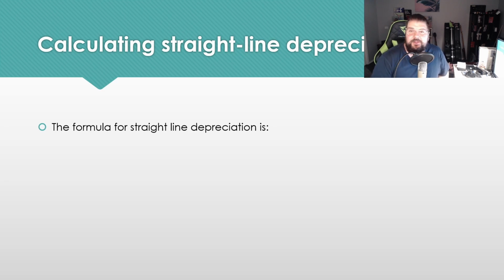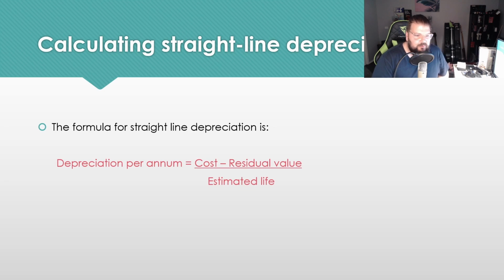The formula that we use to calculate the depreciation expense per year looks like this, where we have the cost minus the residual value, or the value that we think the asset will still have at the end of its life, and we divide that by its estimated life.